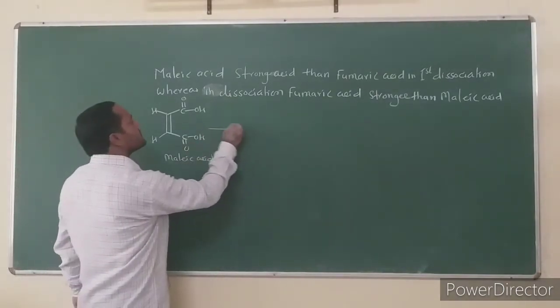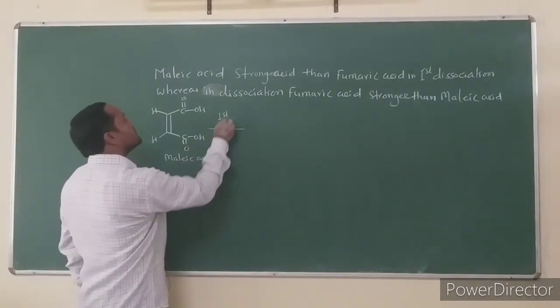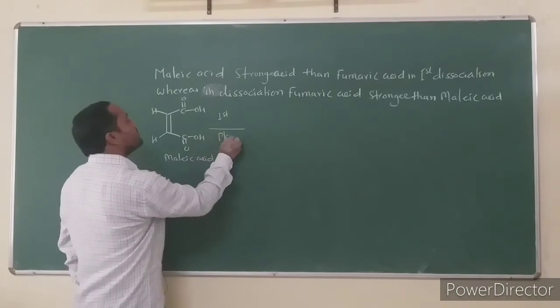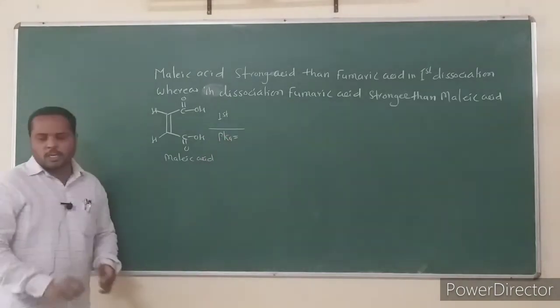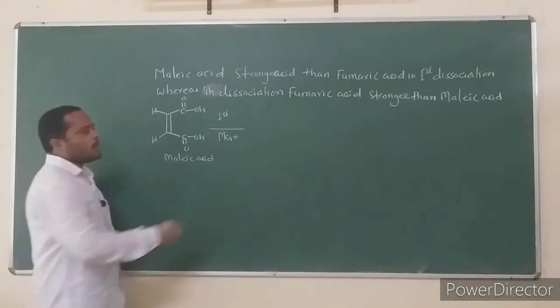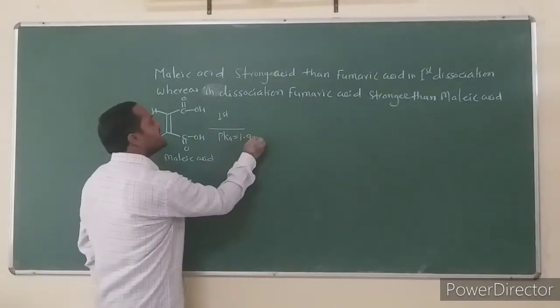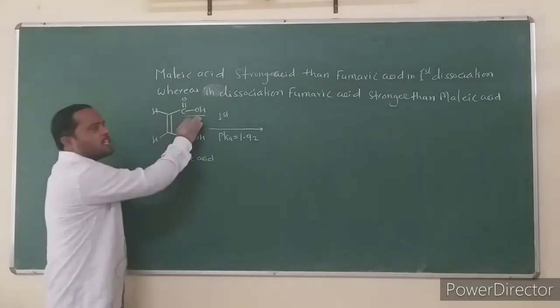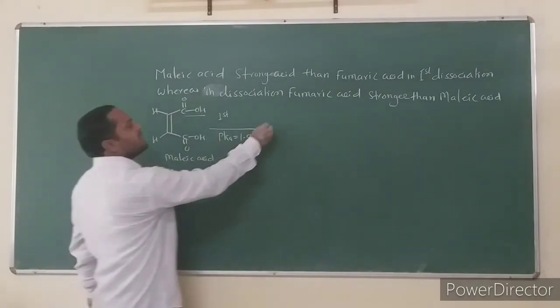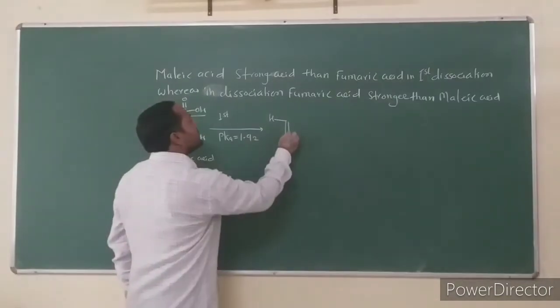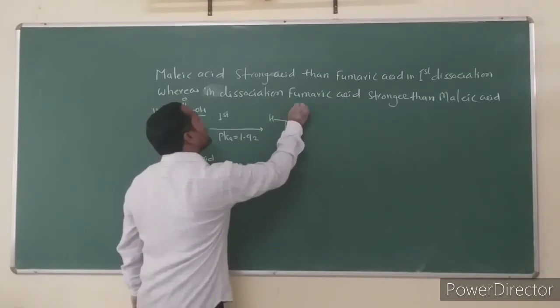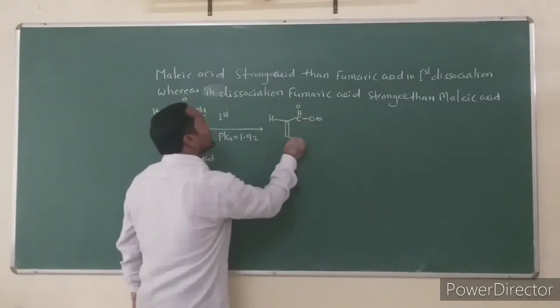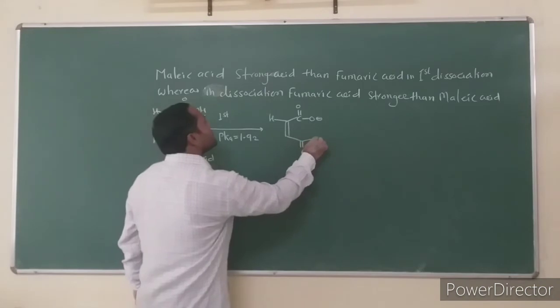Consider its first dissociation and the pK value of first dissociation. It has pK value 1.92. One of the carboxylic functional groups donates the H plus ion, and a conjugate base is formed. This conjugate base is formed.